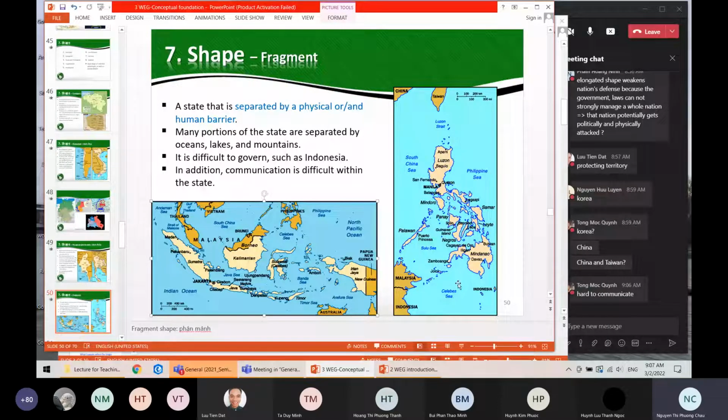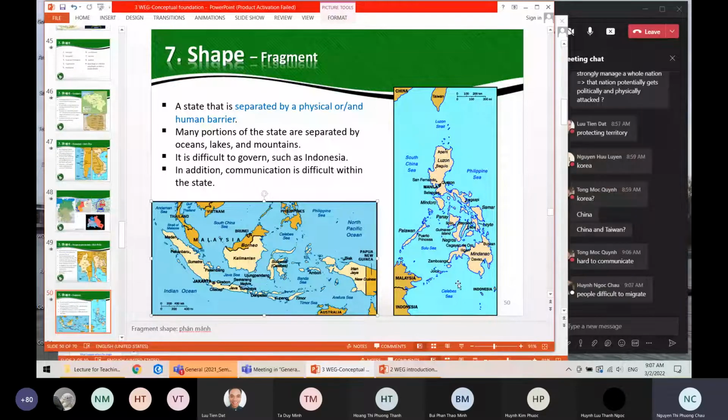So before we talk about why it's hard to communicate, we can see the very big disadvantage is that it's very hard to transport, to connect island to island. And then it's hard to communicate, like Mok Quỳnh mentioned.